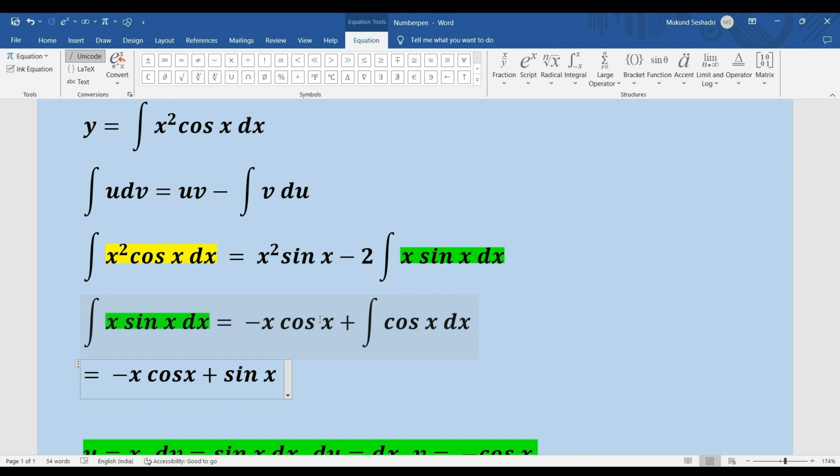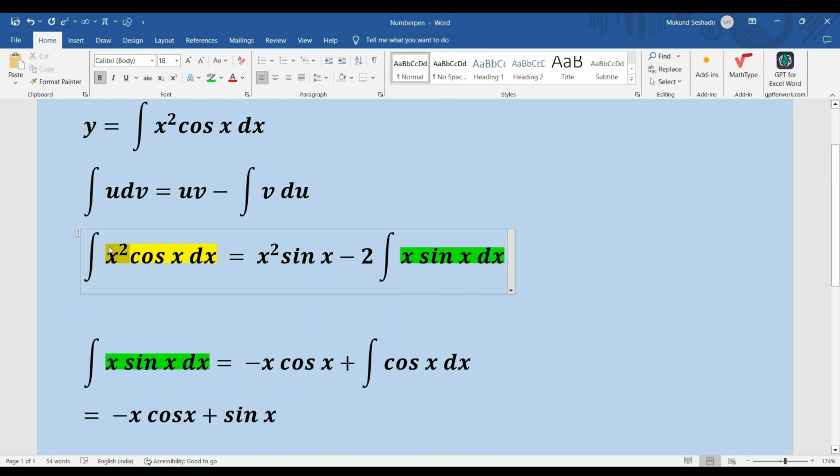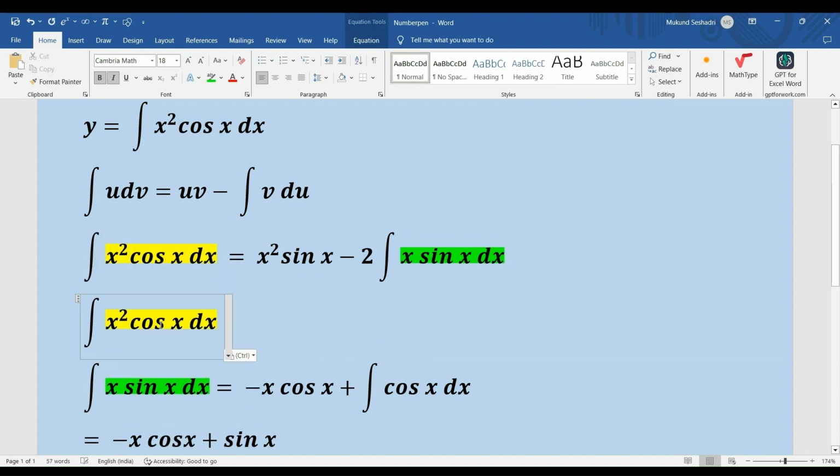Again, I'm not worrying much about the constants right now. I'm going to put my constants when I have the final answer. Right now I go back and I know that I have more or less arrived at what we want. It's just putting in place what we have arrived at for integral of x sine x dx, right? I have integral of x square cos x dx equal to, my first part doesn't change, it is x square sine x, right?